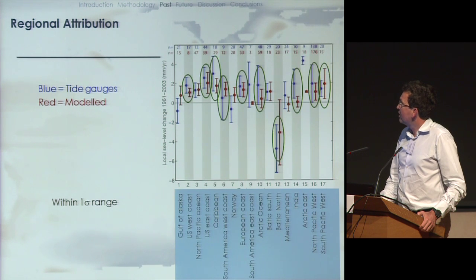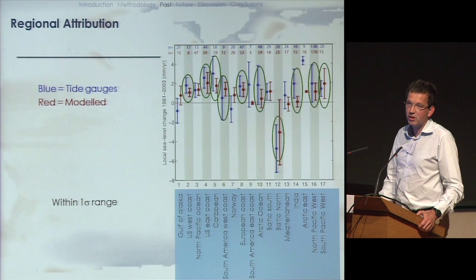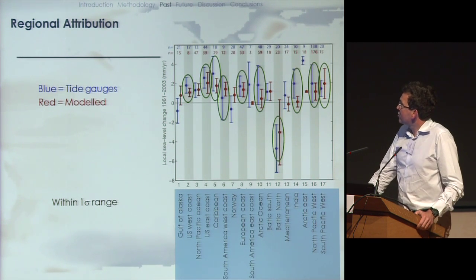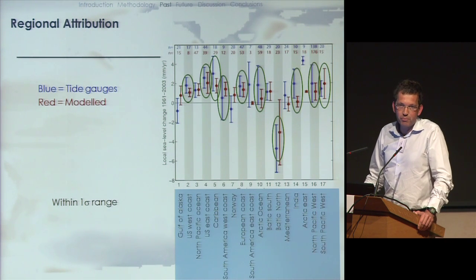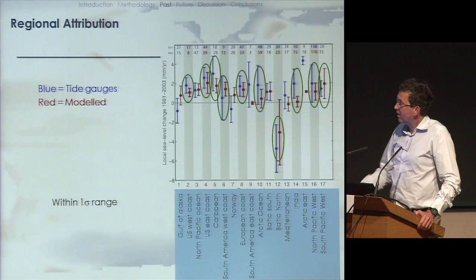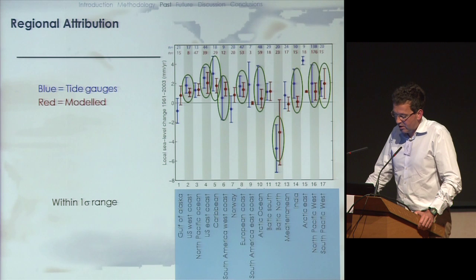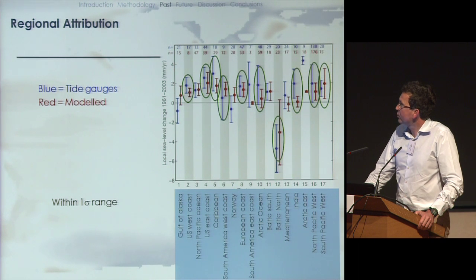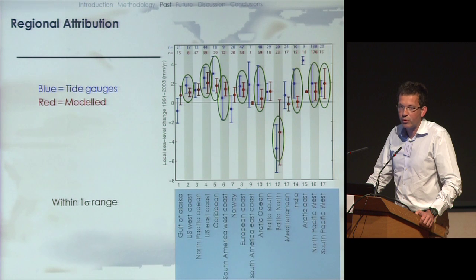And for many regions, it is within the 1 sigma uncertainty between the model and the data. So, yeah, you can criticize this a lot, and I fully agree that much more needs to be done in this field, but it looks like we will be able in future to really get to the regional attribution of the sea level rise.